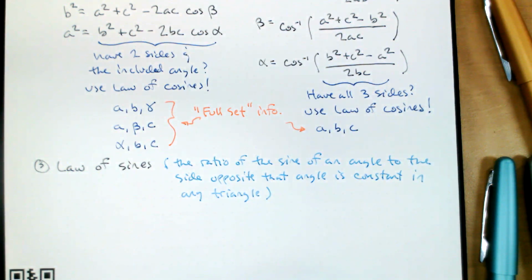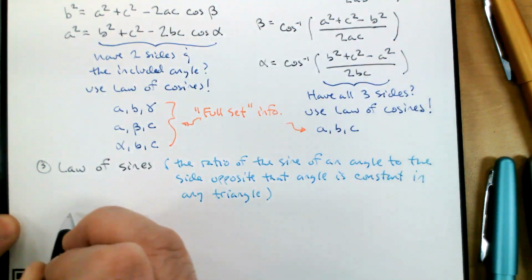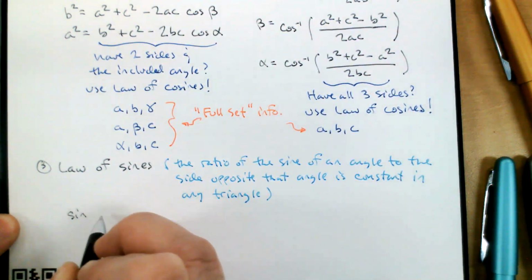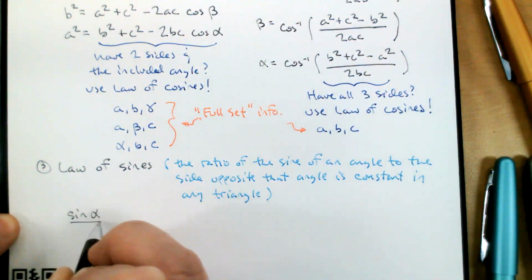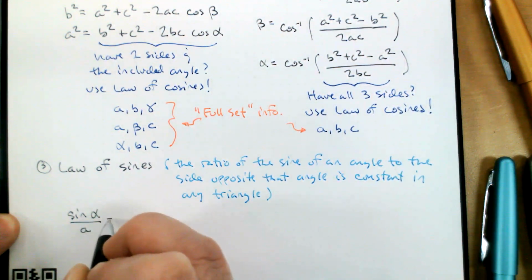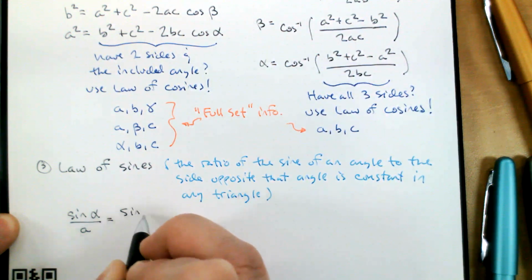We summarize the three equations in the law of sines in one equation. The ratio of the sine of an angle to the side opposite that angle is constant.